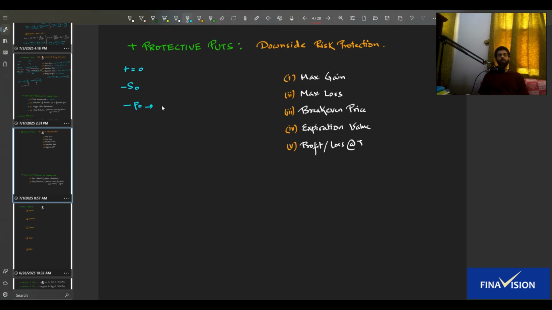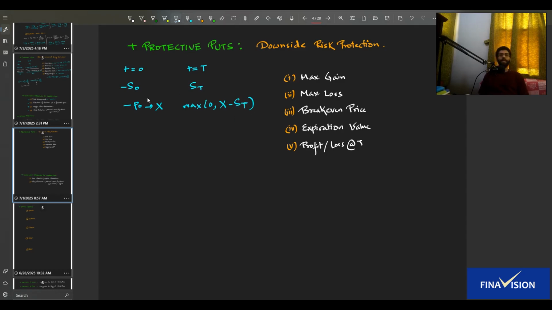The strike price of this put obviously depends on the outlook of the investor. Now, let's say at the expiry, t is equal to capital T, the spot price becomes ST, and obviously the value of the option at expiry is the maximum of either 0 or strike price minus the spot price at expiry, right?